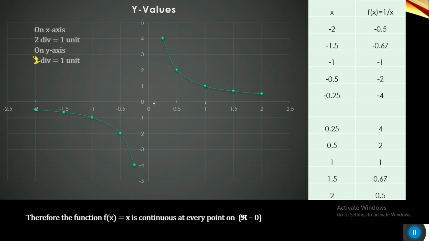So you see the value at -2 is -0.5. You can see clearly this point. Then -1.5 will be -0.67, which will be a little below -0.5. Similarly -1 will give you -1, and -0.5 will give you -2.